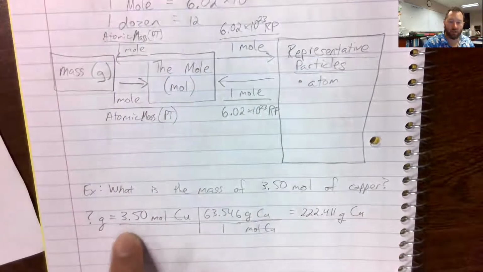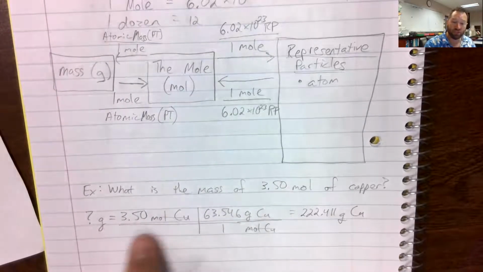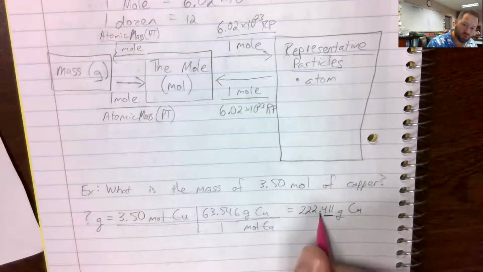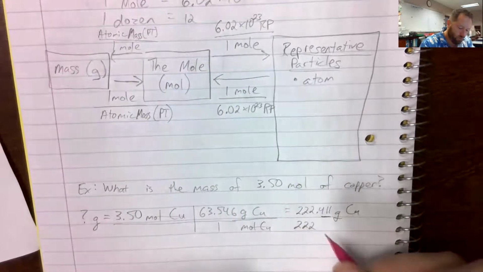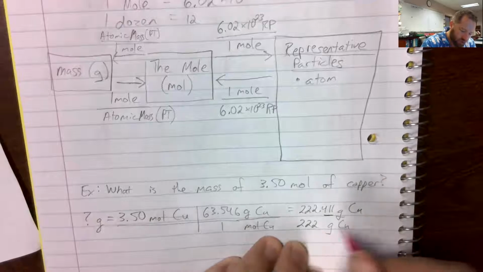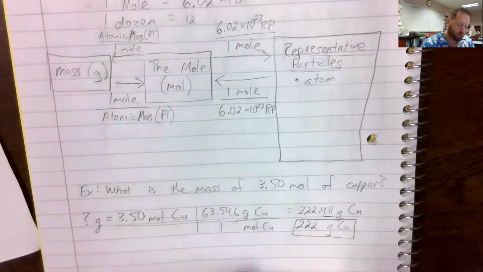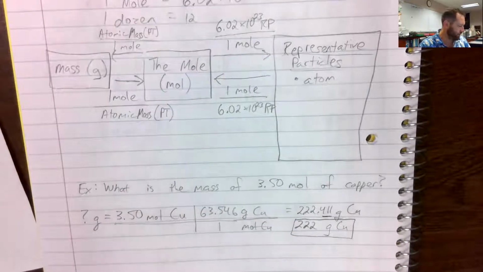This value here only has 3 significant figures. This one has 5. It's a multiplication step, so we're going to take just 3. So that's going to be the 2, the 2, and the 2. So our final answer, I underline my extra digits up here. I don't want them in the final answer though. 122 grams of copper is the mass of 3.5 moles of copper.